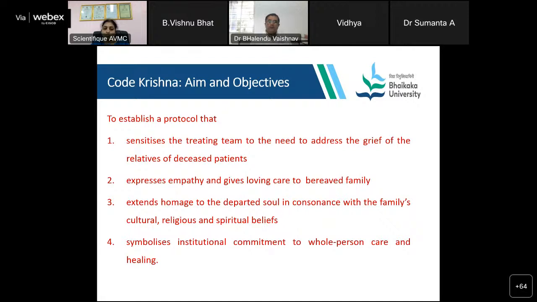That extends homage to the departed soul in consonance with the family's cultural, religious, and spiritual beliefs. And lastly, a protocol which symbolizes institutional commitment to whole person care and healing.